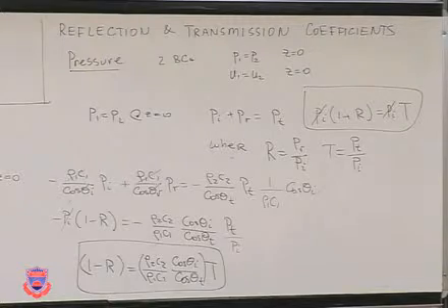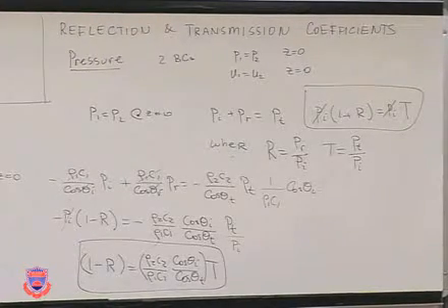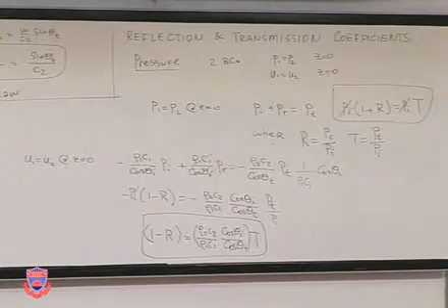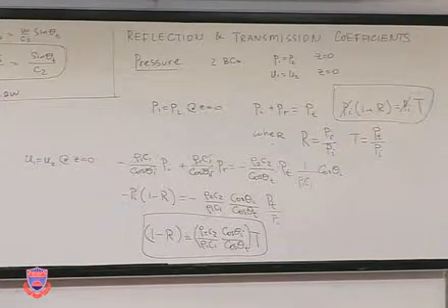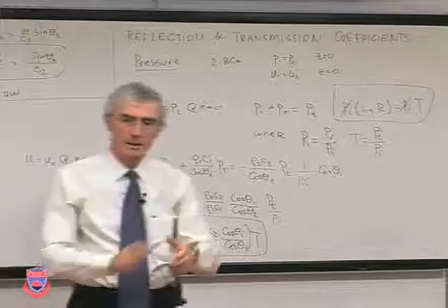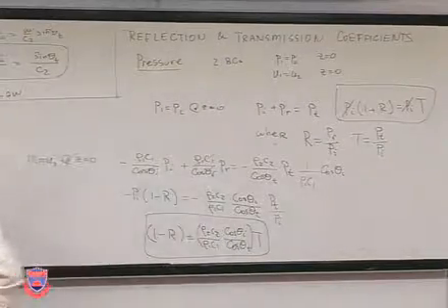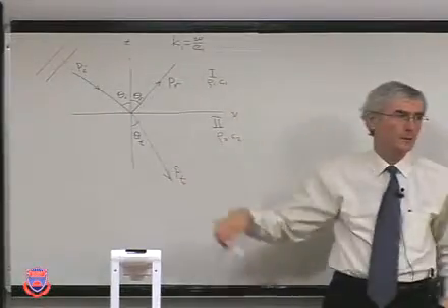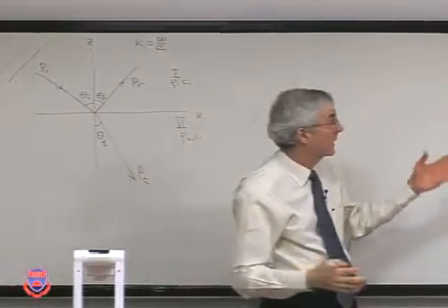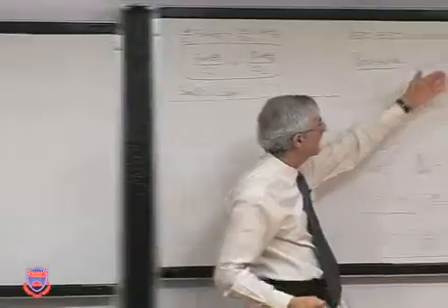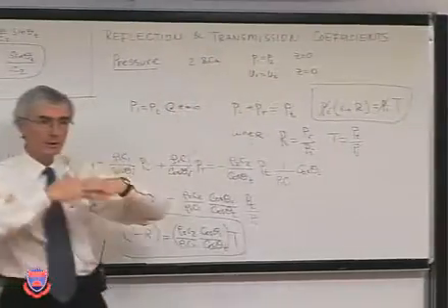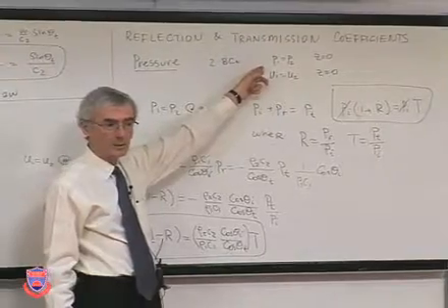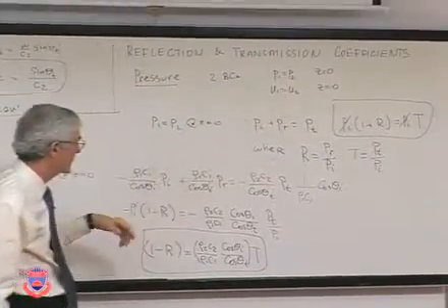Okay, let's continue on this side while you're able to see that. Okay, what did we do? We expressed the incident plane wave, reflected plane wave, and transmitted plane wave in general terms. Okay, and then we applied the boundary conditions at the interface, suggesting that pressure and particle velocity must be continuous.